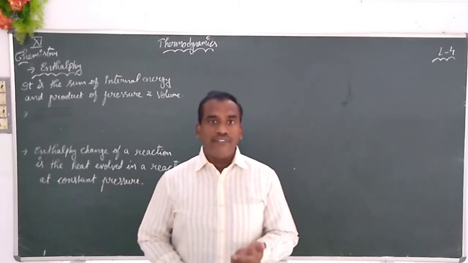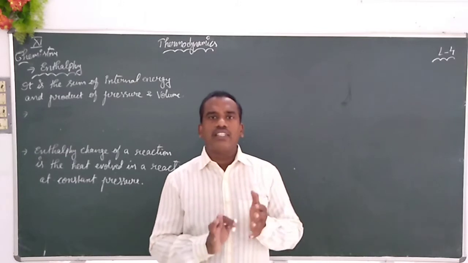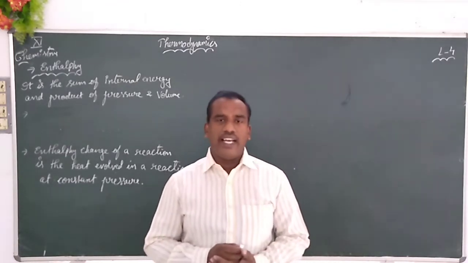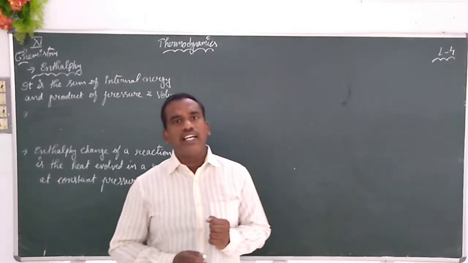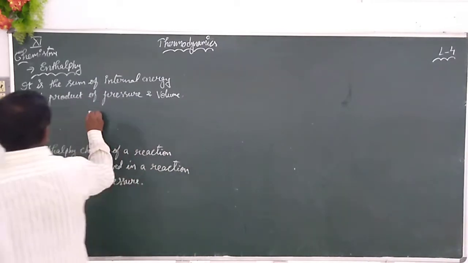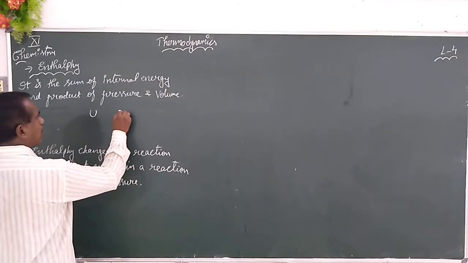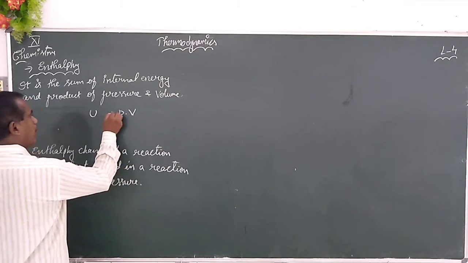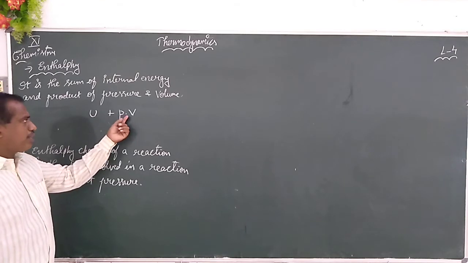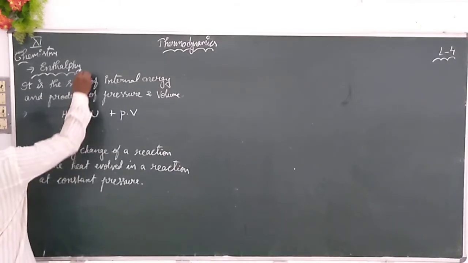But for enthalpy, there is a relation with the internal energy. How do we represent the internal energy? U. Internal energy is represented with the symbol U. When you sum up the internal energy and the product of pressure and volume, it is equal to the enthalpy.